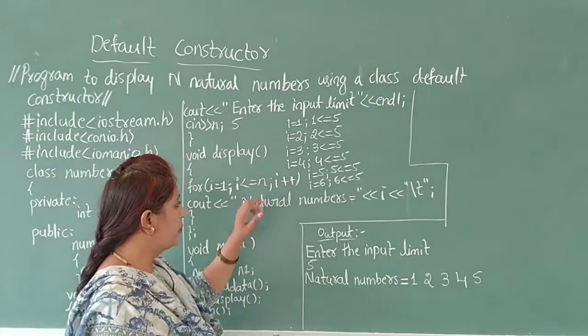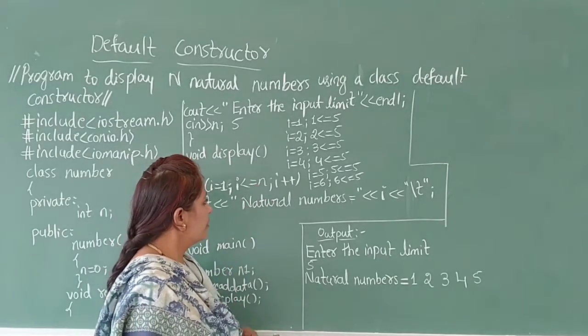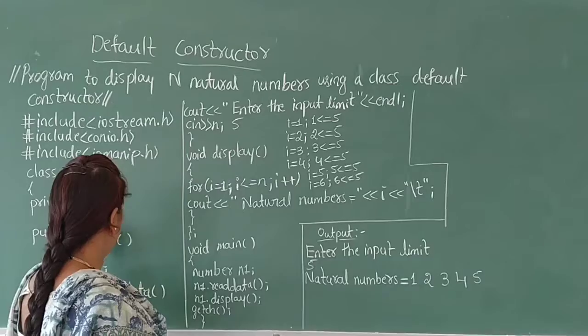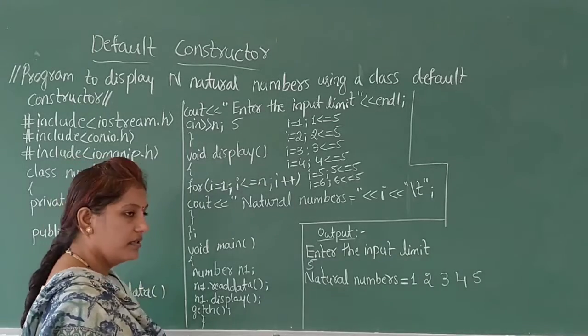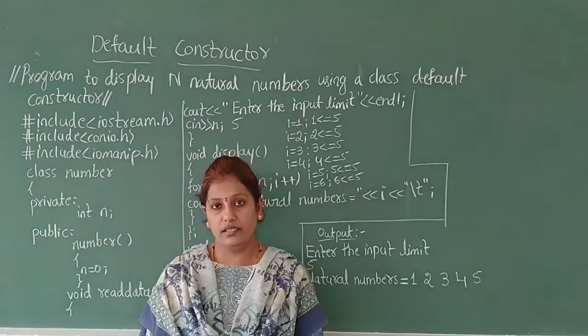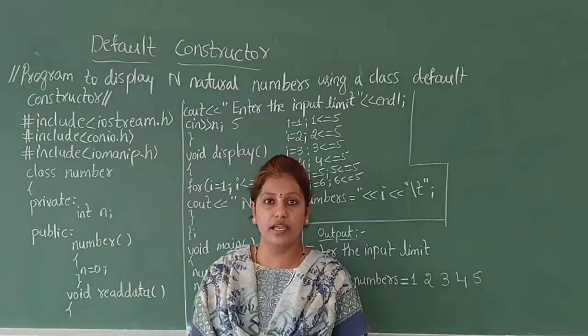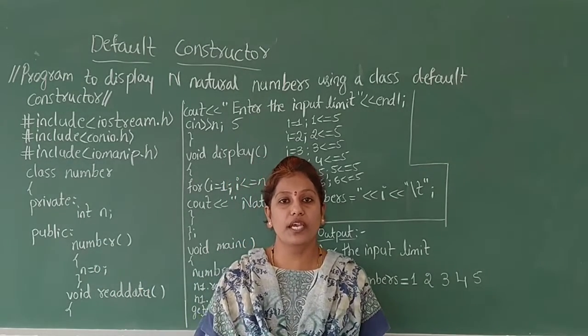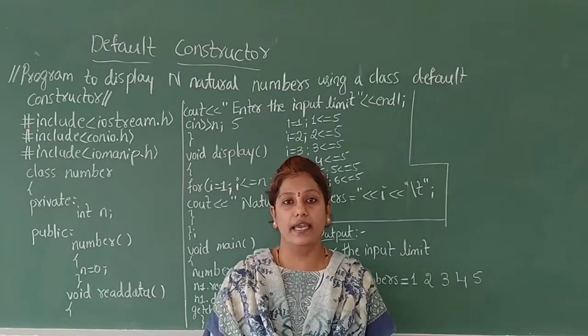When this looping statement is executing, at that time the number constructor, that is the default constructor, is automatically called for every object of the class that is created.